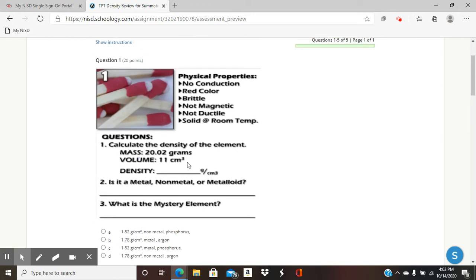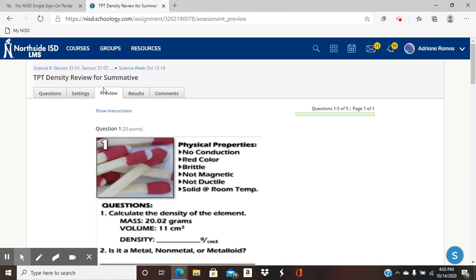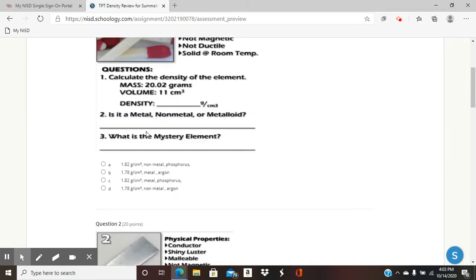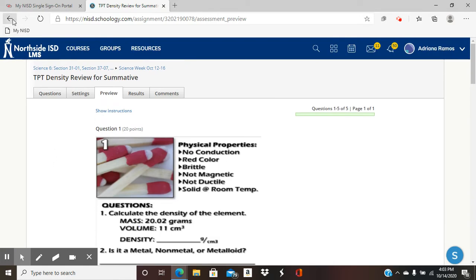If that periodic table is not showing if it's a metal, non-metal, or metalloid, look it up on Google, look for a periodic table, and that should tell you. But pretty much you don't have to look on Google.